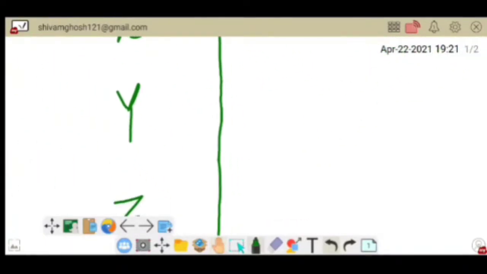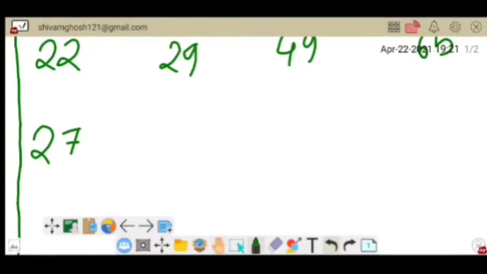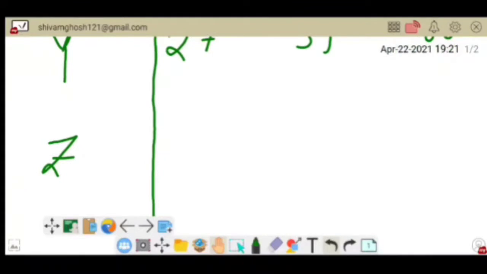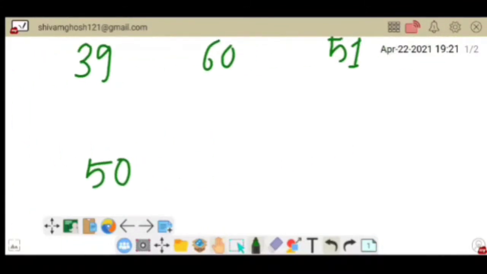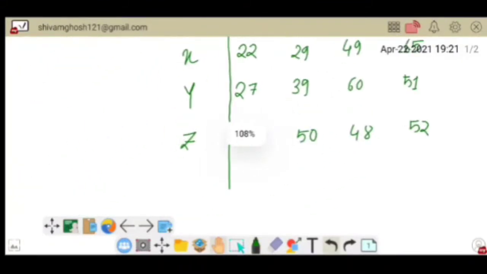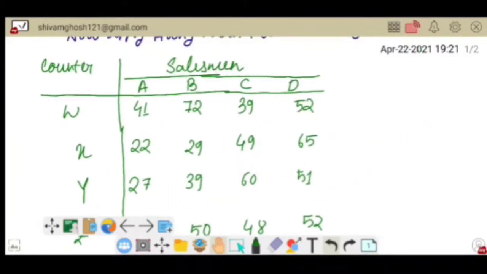For Y, that is 27, 39, 60 and 51. And the last row is 45, 50, 48 and 52. So this is the matrix given in the question.